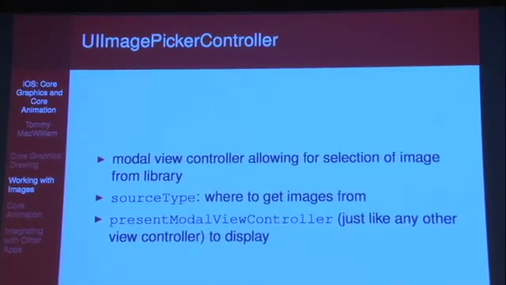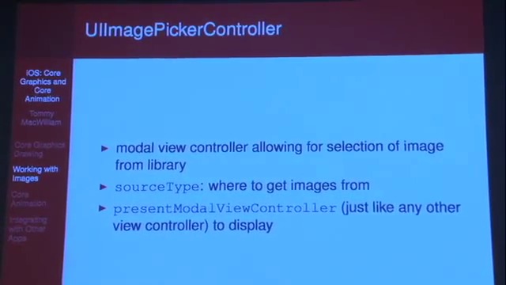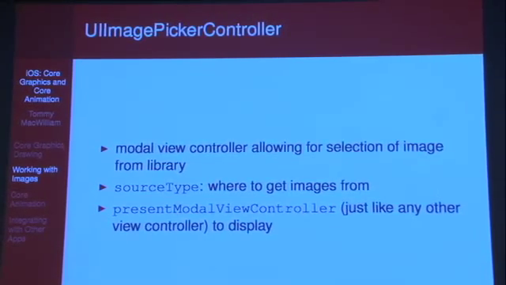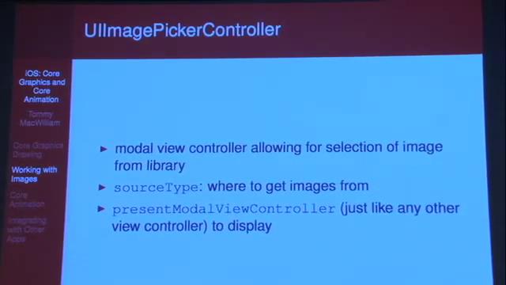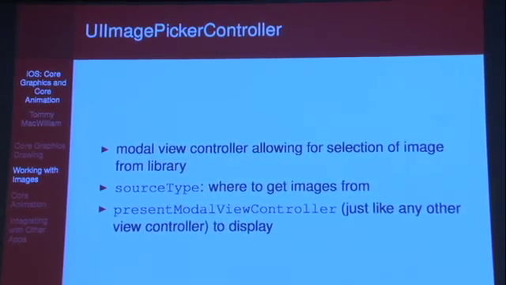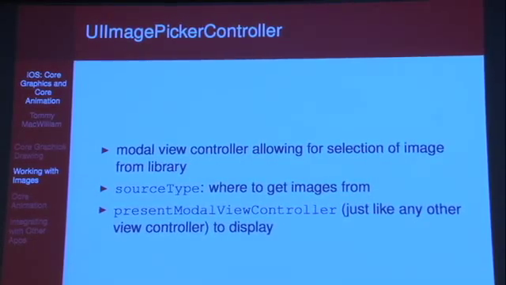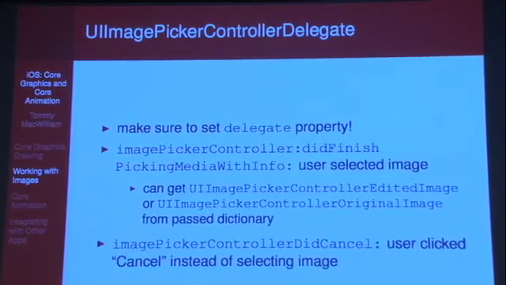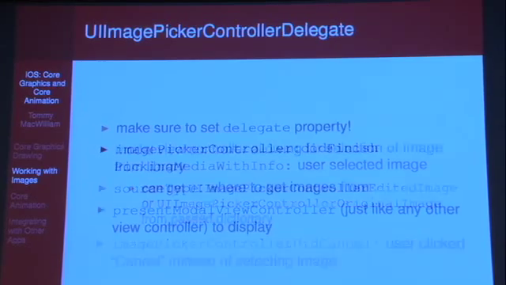So let's say now, instead of putting an image on disk that you want to just display to the user, you want to display something that the user saved on their camera. So starting to integrate with other apps here. We have this nice view controller that is already written for us called the UIImagePickerController. And this has some really handy controls for allowing the user to select an image from disk.